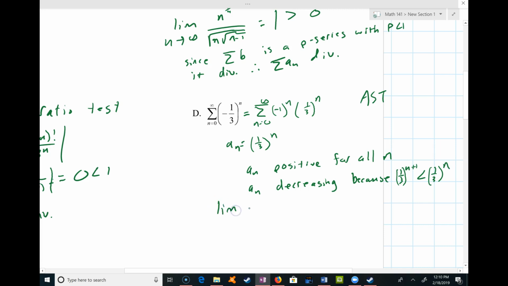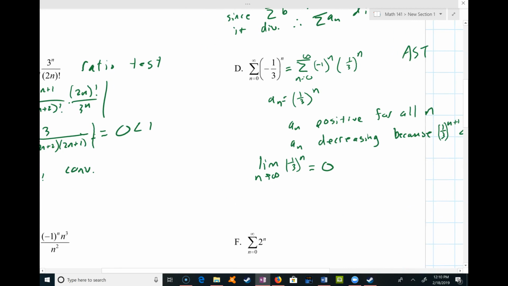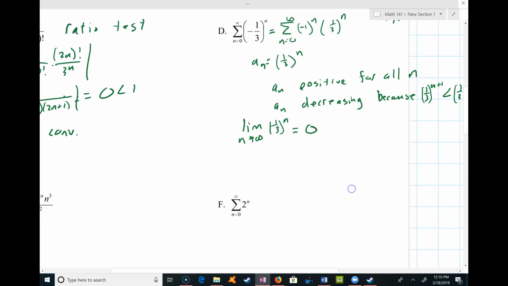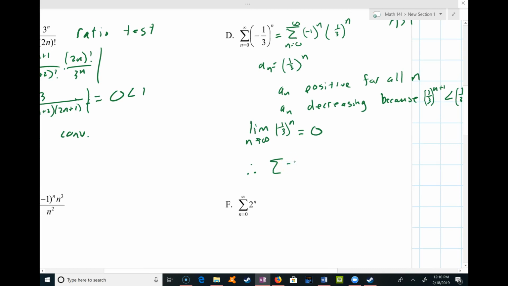And the limit of 1/3 to the n as n approaches infinity definitely goes to 0. Right? So therefore, it passes all 3 requirements. Therefore, the sum of -1/3 to the n as n from 0 to infinity converges.